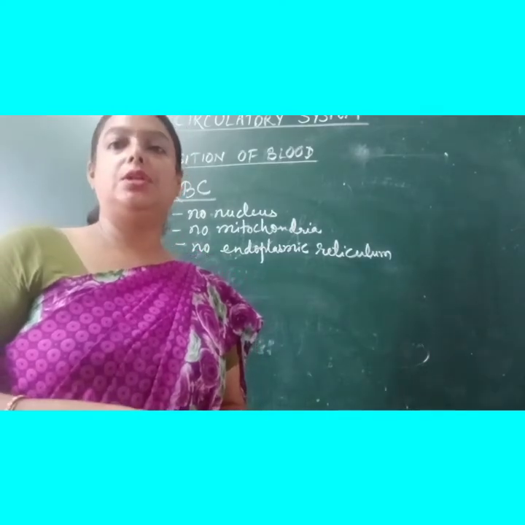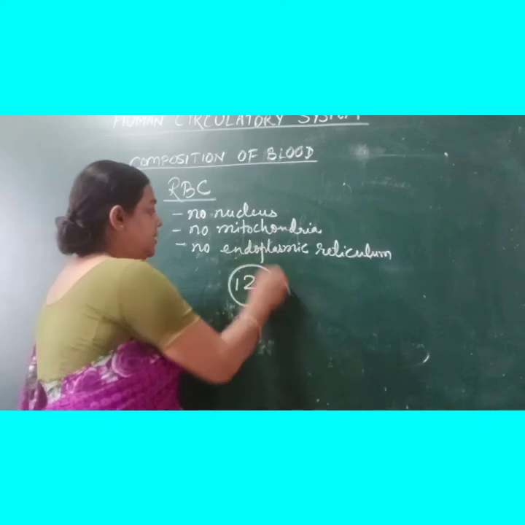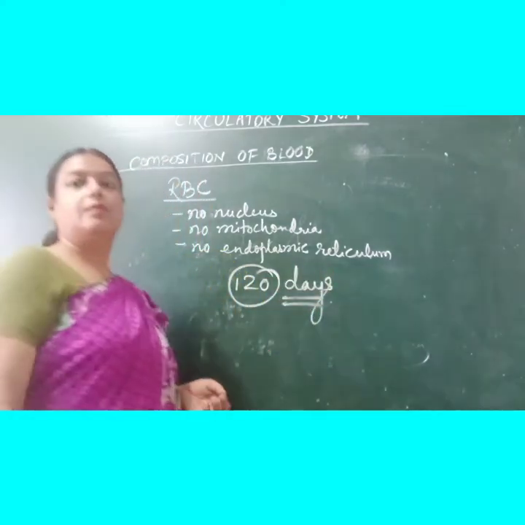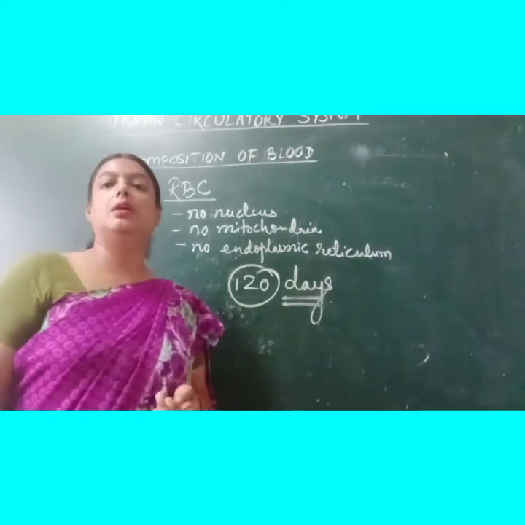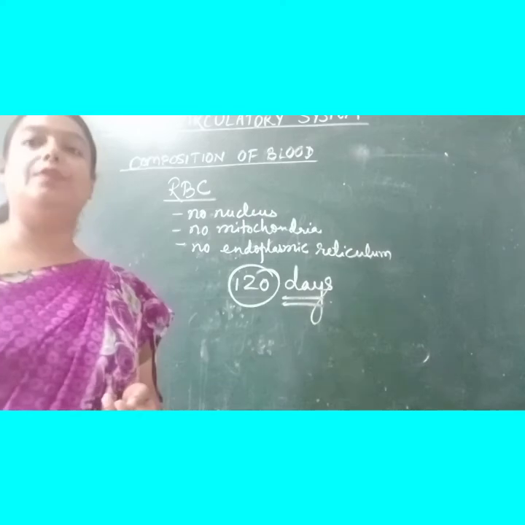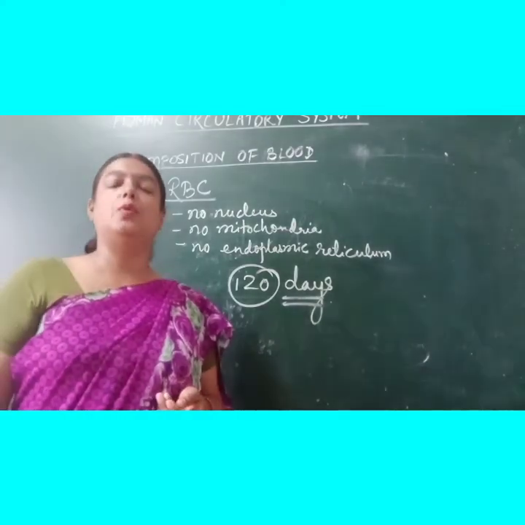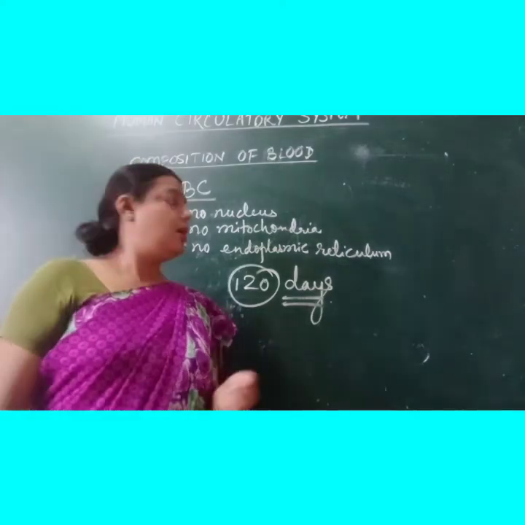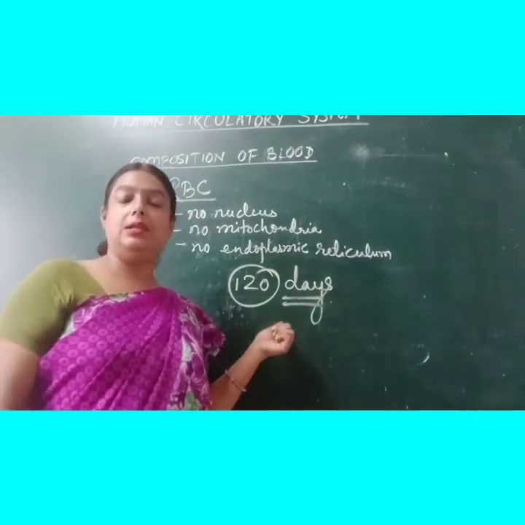Children, the average life of RBC is 120 days, and they are formed in the marrow of long bones, especially those of ribs and breastbone and ilium of hip girdles.